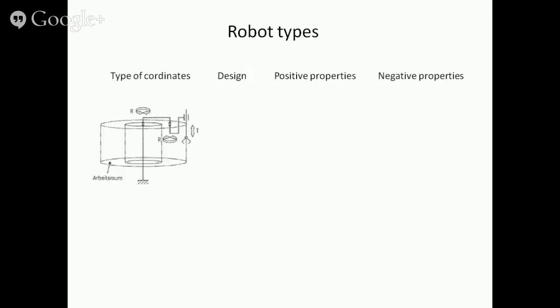Cylindrical type 2 has got two R and one T axis. Positive are its high speed, its high accuracy, and its high repeatability.